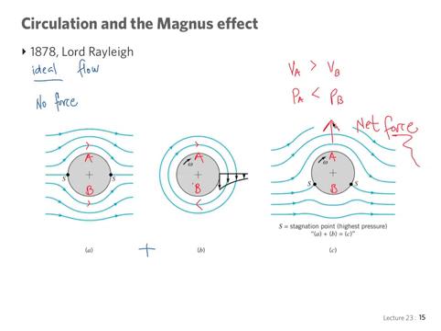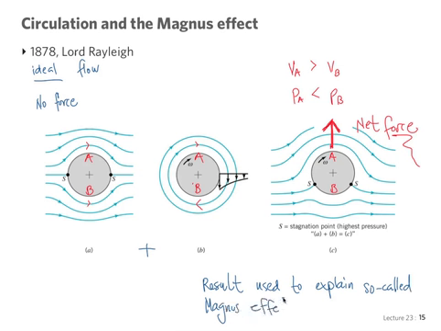So we have a net force in the direction perpendicular to the flow. Okay, this net force was this effect here. This result was used to explain what was at the time known as the Magnus effect. The result due to Lord Rayleigh was used to explain an effect that was known at the time, the Magnus effect.